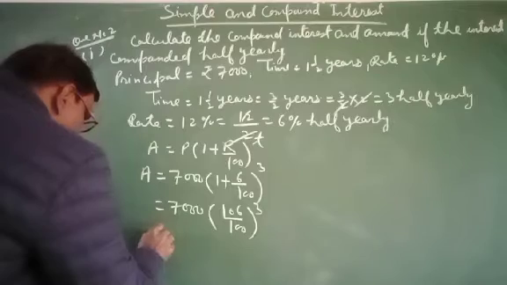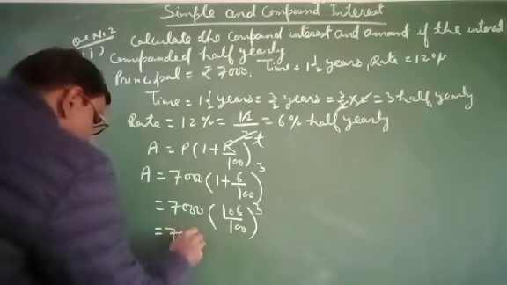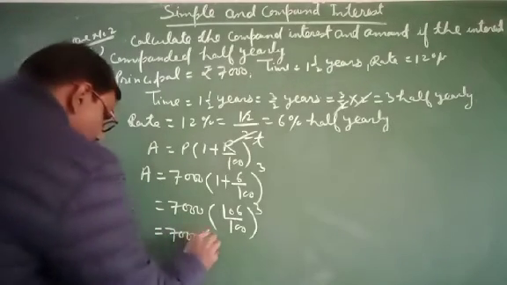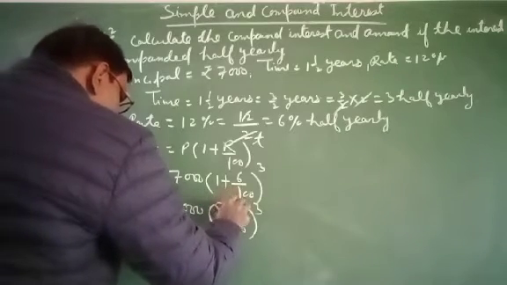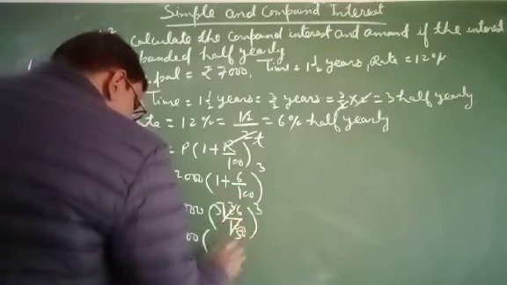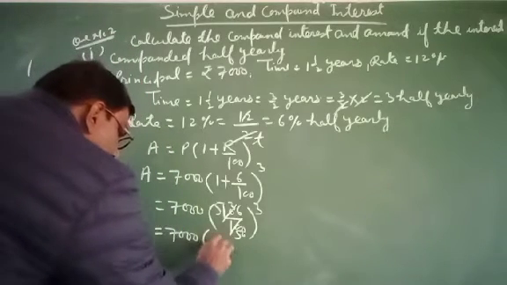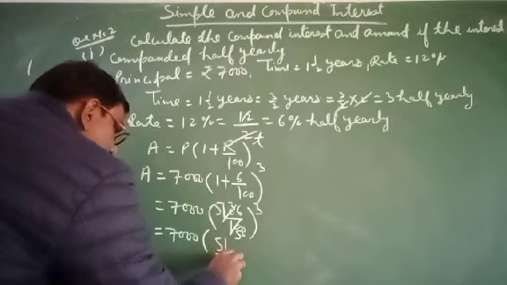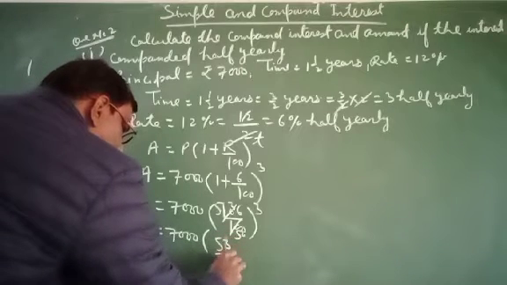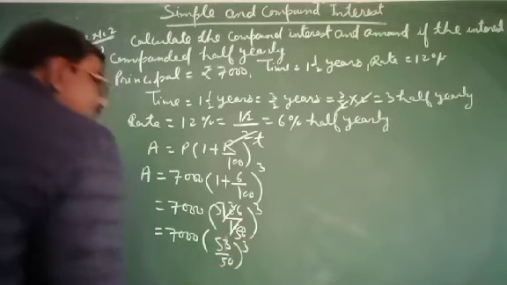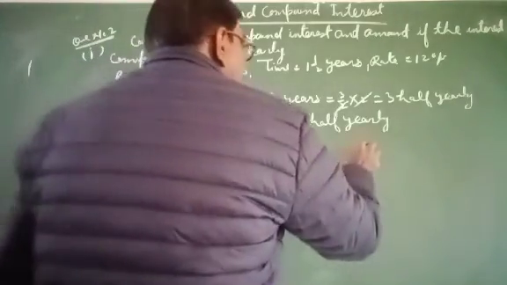Then it will be equal to 7,000 times, 2 5s are 10 and 2 3s are 6, 2 50s are 100, 53 by 50 to the power 3.